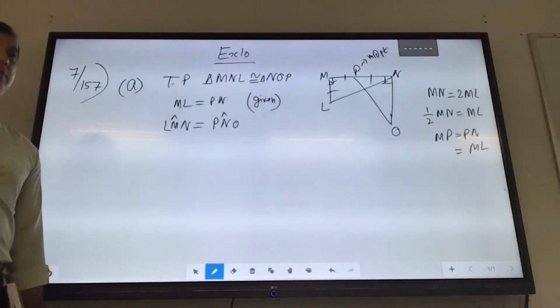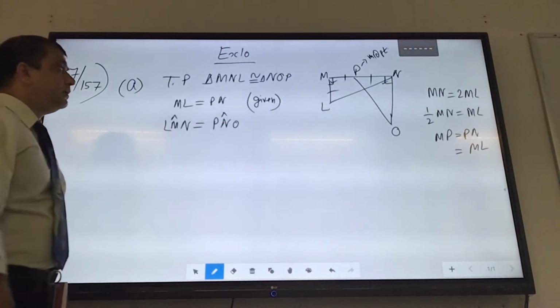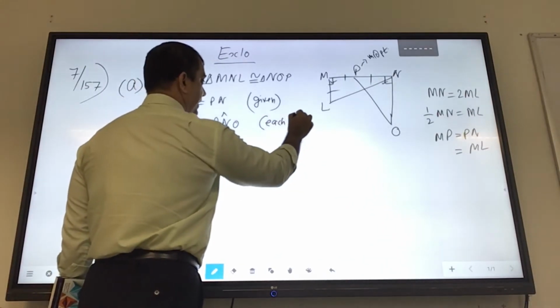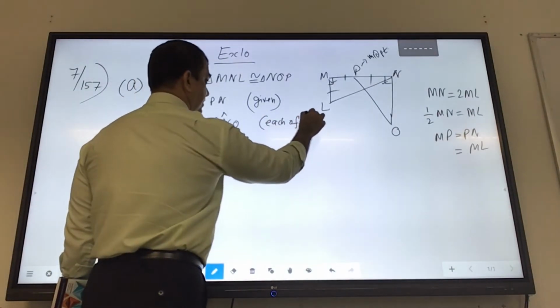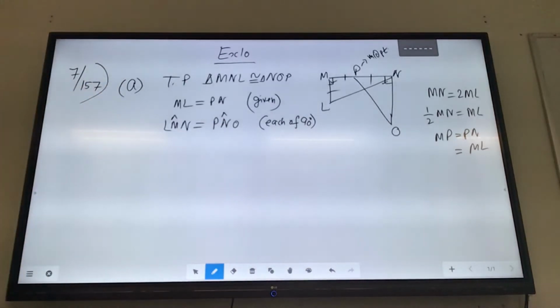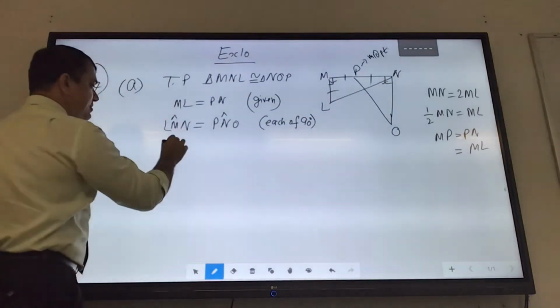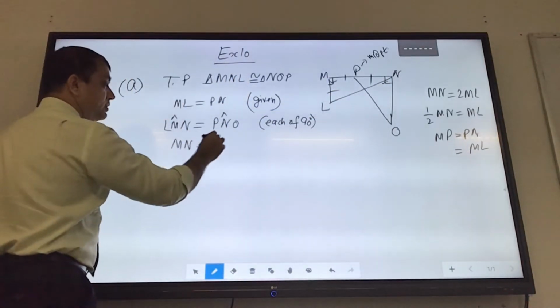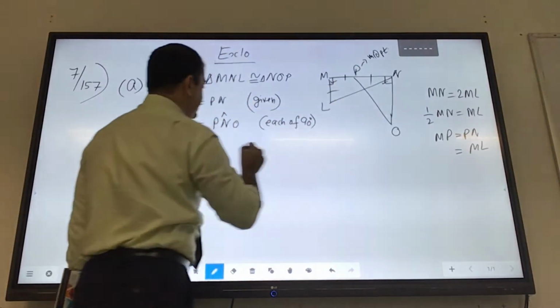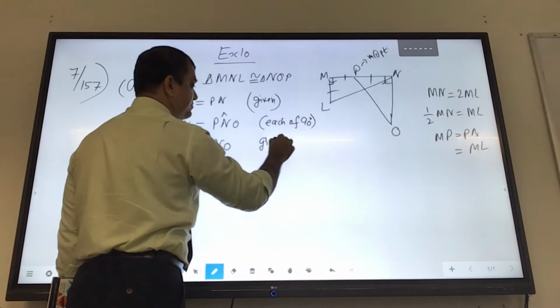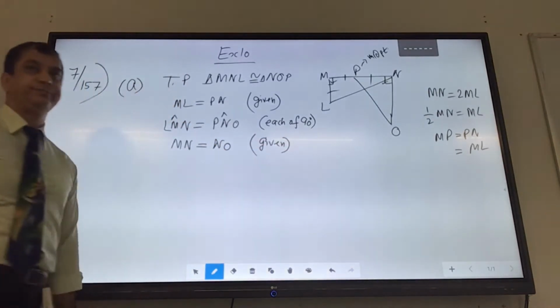This angle. They are equal. Alex, why are they equal? Yeah, each of 90. The reason is each of 90 degrees. Now, in the horizontal triangle, side MN is equal to, in the vertical triangle, side NO. These two sides are equal. It is also given in the question.